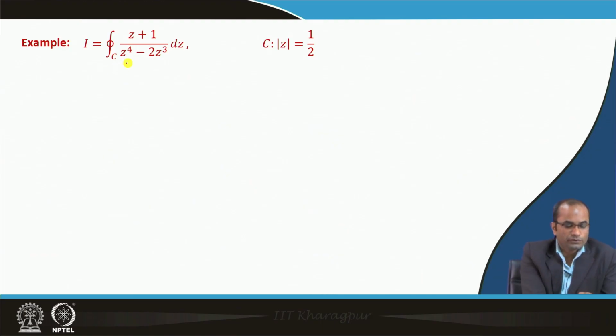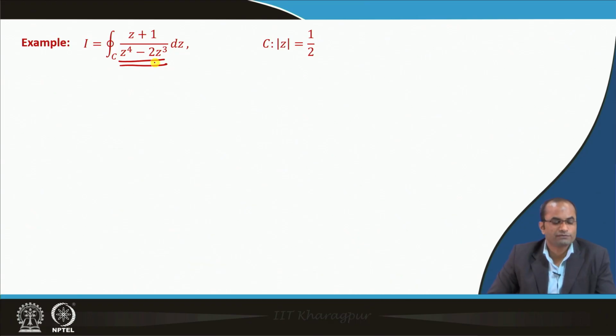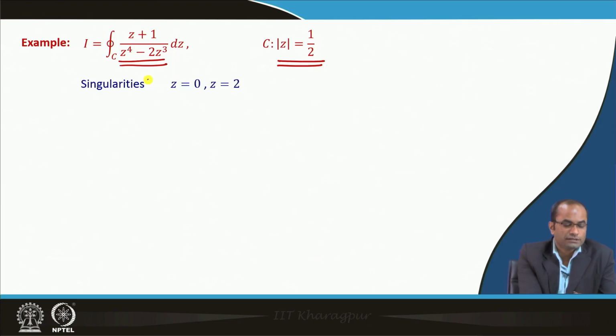Now, another example. Here we have f(z) equal to z plus 1 over z to the 4 minus 2z cubed, and the circle is mod z equal to half, so a circle of radius half. If we discuss the singularities, we actually have z cubed and z minus 2.